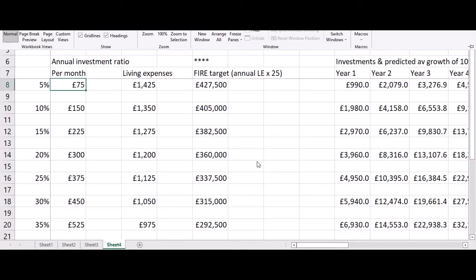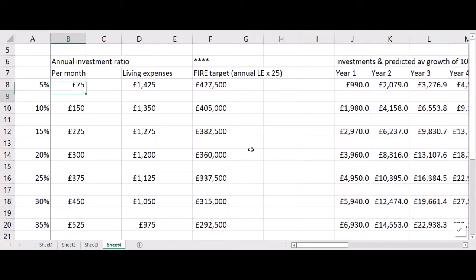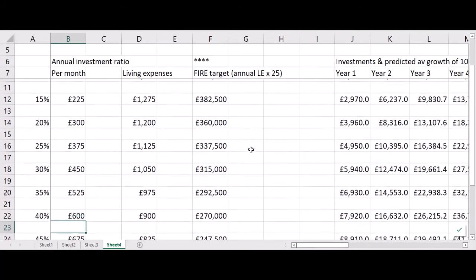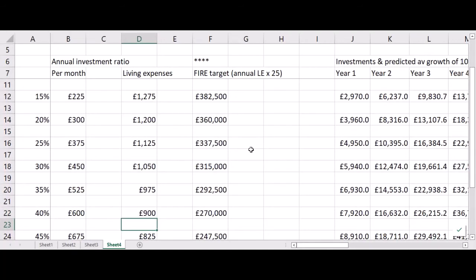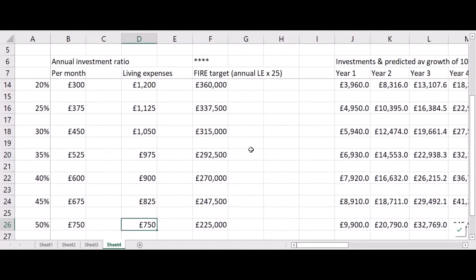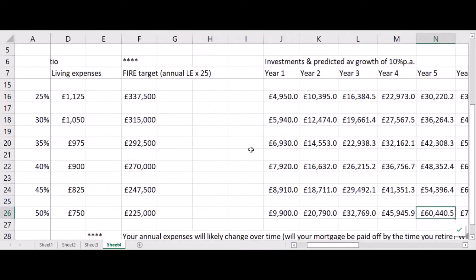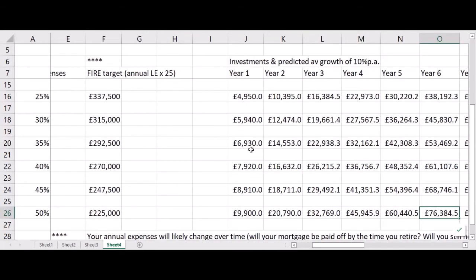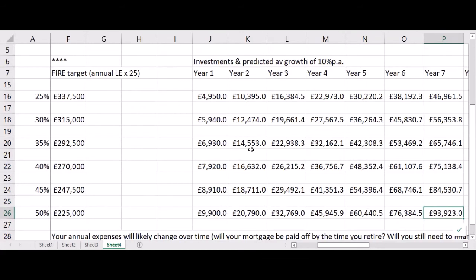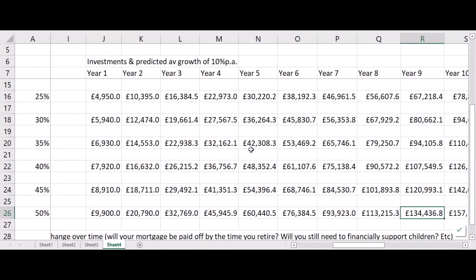So I've kept the percentage on the screen, I think, as well as the years. Okay, so looking at the 50% one, there's the amount at the end of the first year. Let's run through and see how long it takes before we actually reach the FIRE number of 225,000.